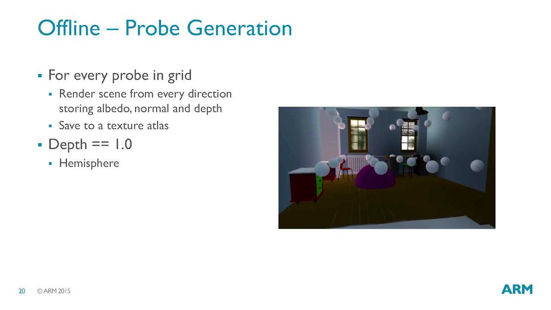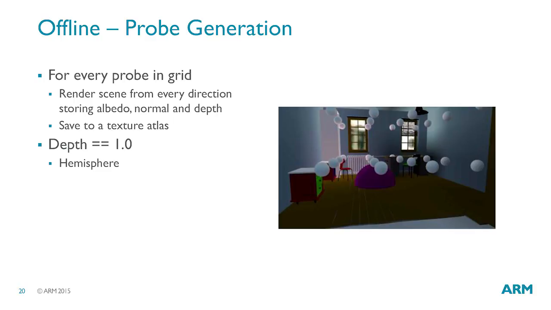So now I'll go into the different processes, and first I'll talk a bit about the offline process. This is basically how probing works. For every probe in the scene, you render and gather albedo, normal, and depth from all directions. Then you save this off to a bigger texture atlas that the runtime uses to do the per probe relighting.